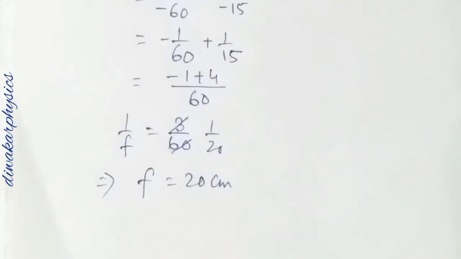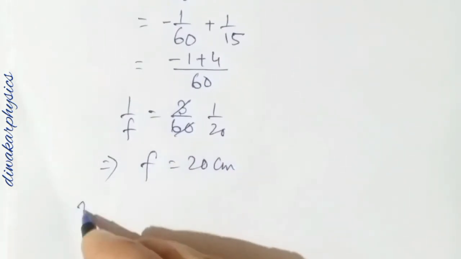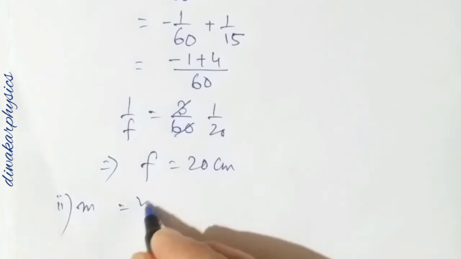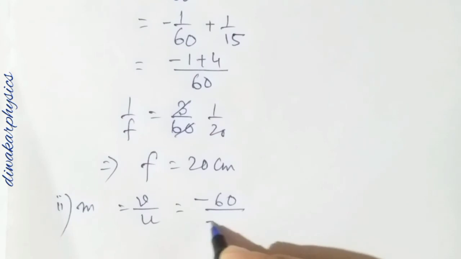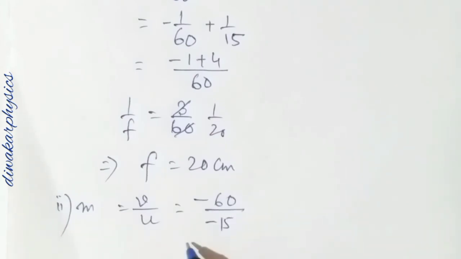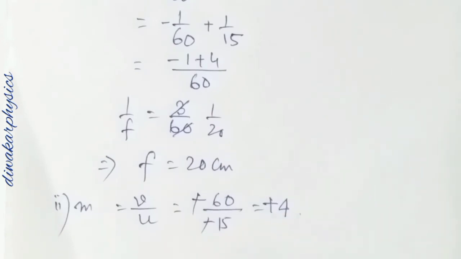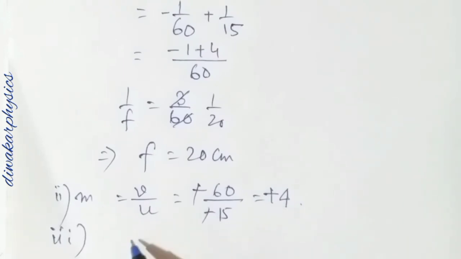The next question is to find the magnification. So m is equal to v by u. So v is minus 60, u is minus 15. So minus minus cancel. So this is plus 4. And the third part, they are asking the nature of the image. So plus means virtual image.